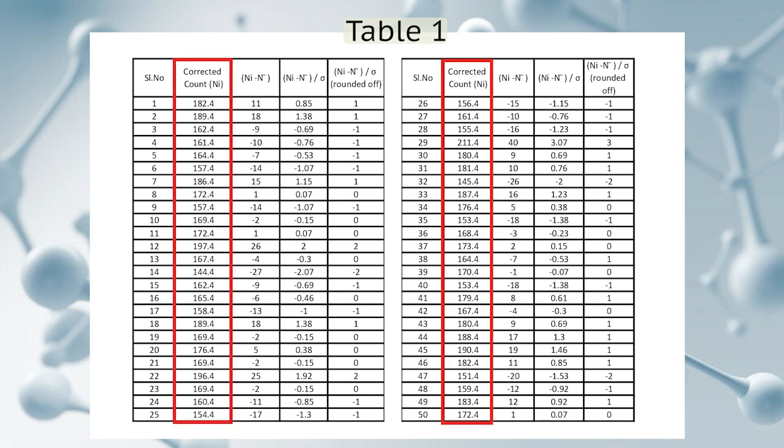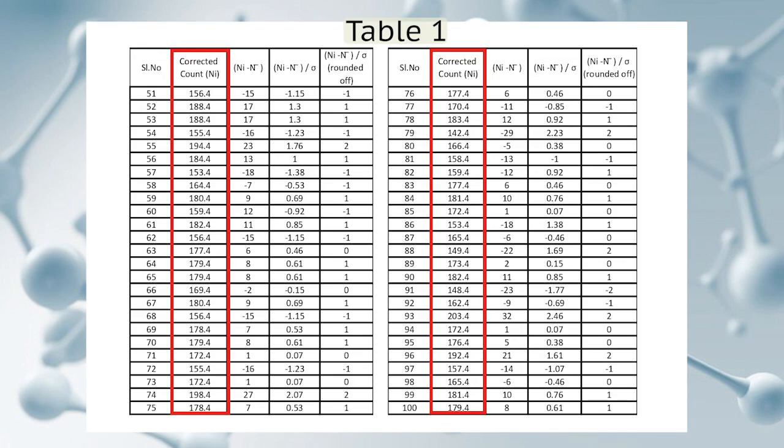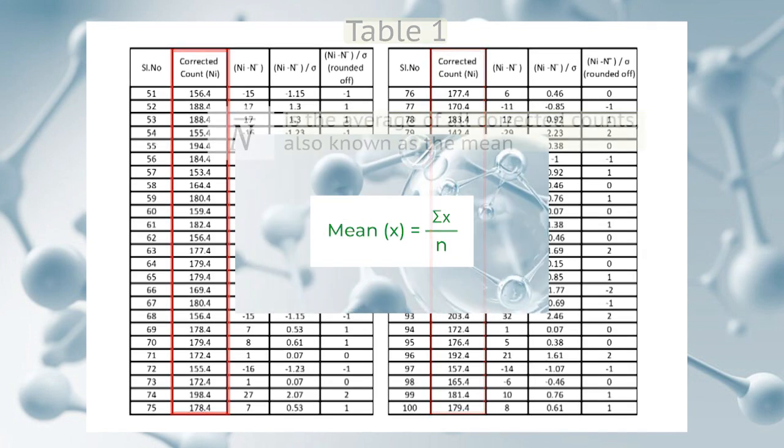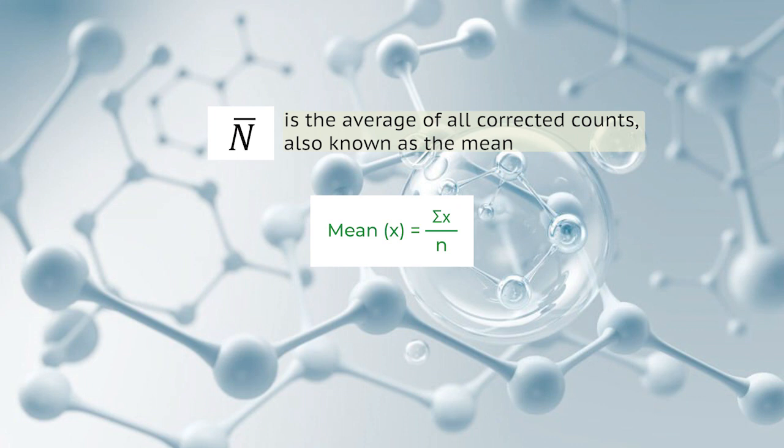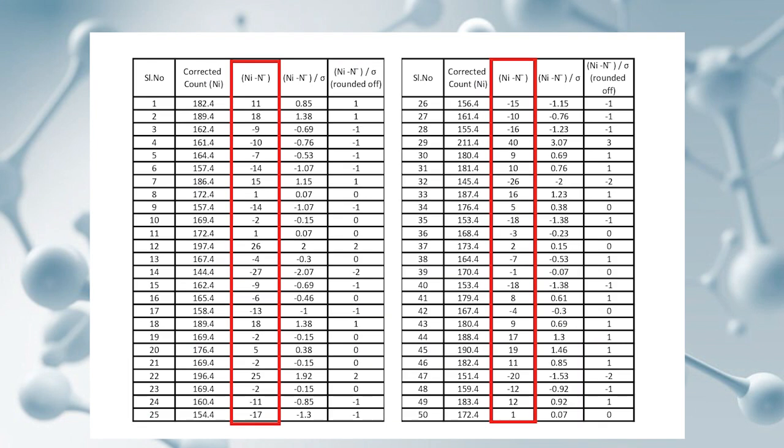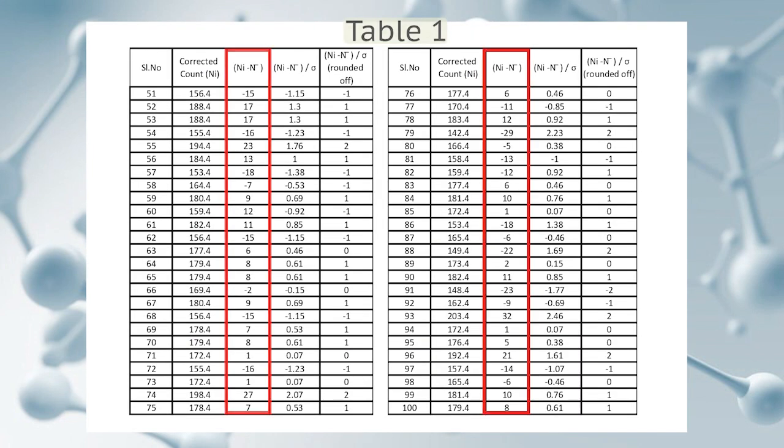In this first table, the first column is the observation recorded from the counter. Corrected counts Ni is calculated by deducting the background counts from the measured counts. N bar is the average of all corrected counts, also known as the mean. The next column is filled by calculating Ni minus N bar.